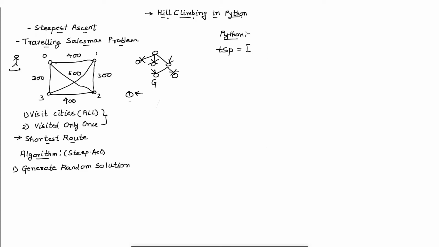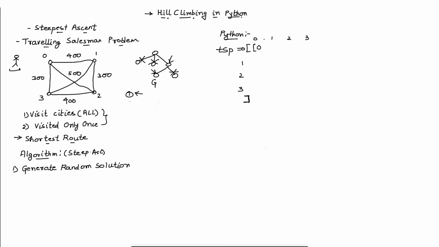So you can see from 0, let me write it here, we have 0, 1, 2 and 3. These are the cities, and here we have 0, 1, 2 and 3, right? So since this is a list of list, I'm going to assign something like this. This is the list, and inside this we are having another list. So from 0 to 0, you can see the length is 0.